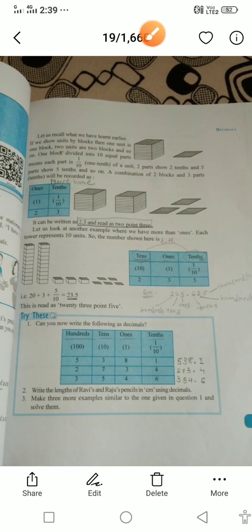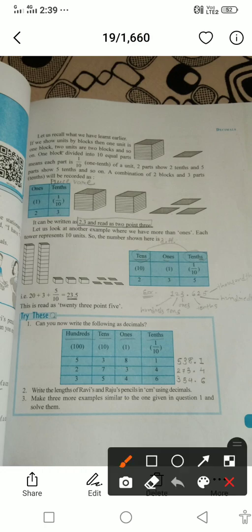Now on the second page you can see some examples of how to write ones and tenths. Here a table is given, ones and tenths: the ones part is 2 and the tenths part is 3. So we can write 2.3.